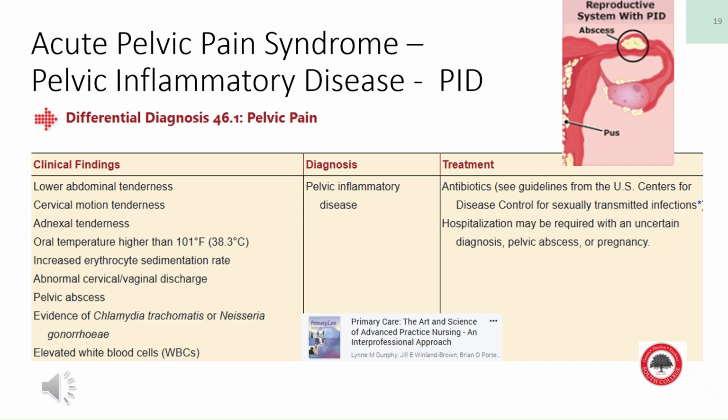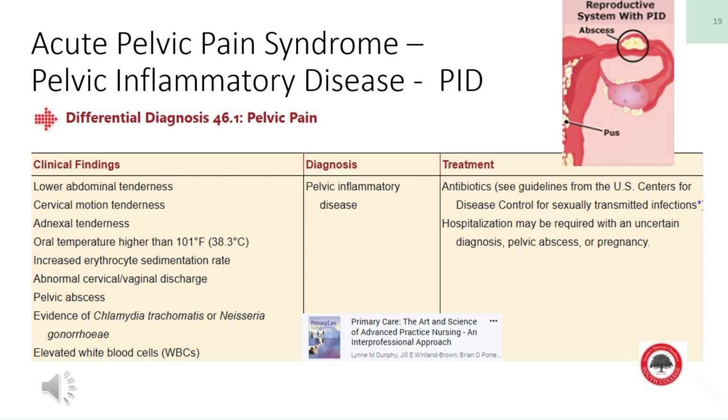Pelvic inflammatory disease is an infection of the uterus, fallopian tubes, and ovaries. Causes are from bacterial infection, often from an STI like gonorrhea or chlamydia, which has spread from the vagina to the reproductive organs.